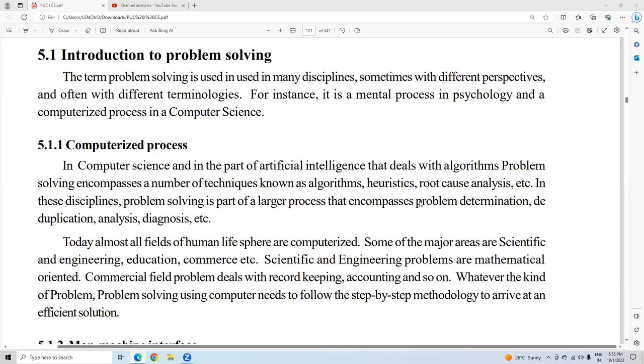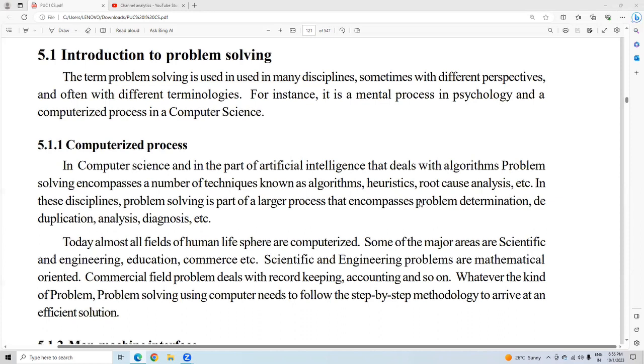The term problem solving is used in many disciplines, sometimes with different perspectives and often with different terminologies. For instance, it is a mental process in psychology and a computerized process in computer science. So here we are going to observe the computerized process.